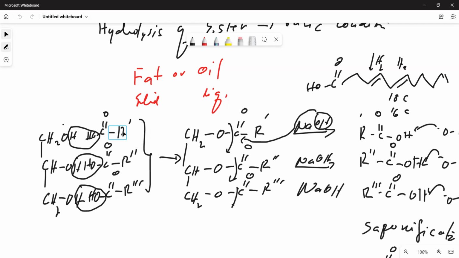And if the R group is a very long carbon chain like this one, you call that fatty acid, no? And the carbon chain can have a double bond like this, alkene, no? If the fatty acid has a double bond, we call that unsaturated fatty acid, no? If there are no double bonds, then we call that saturated fatty acid, okay?